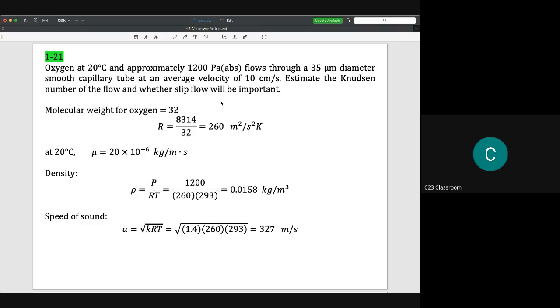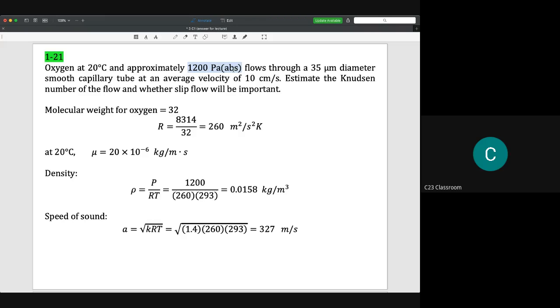Sorry, sir, you were explaining about the difference between absolute pressure and gauge pressure before you go to that question. Okay, in this question we have 1,200 Pascal absolute.